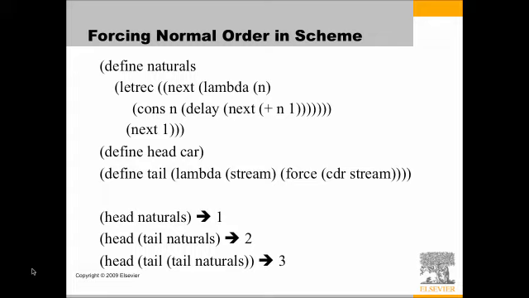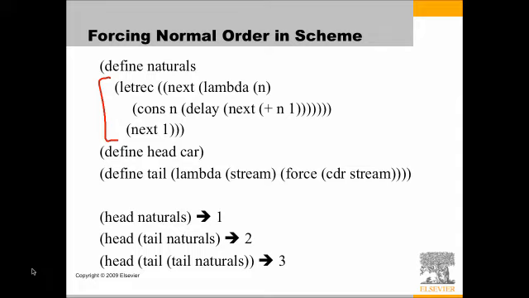Say we may just want the top 10 or the first 10 natural numbers. So we can define what in effect is a generating function, which is going to generate a stream of natural numbers. So you see here that I'm defining naturals to be essentially a function call with 1 as my initial natural number.